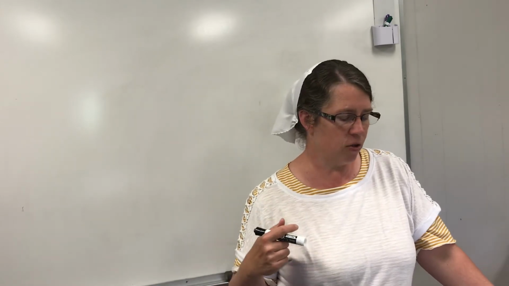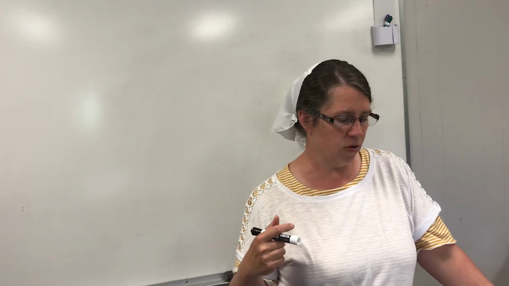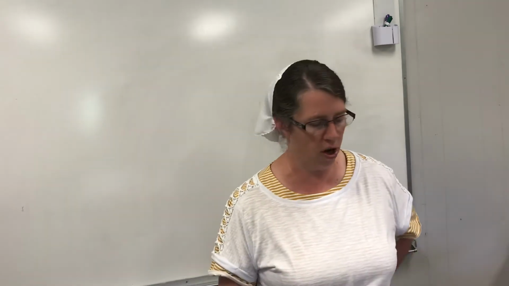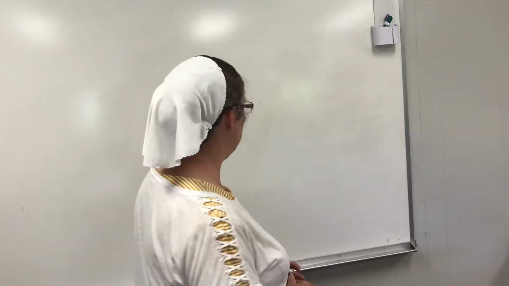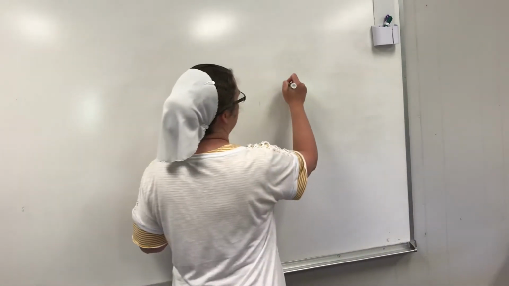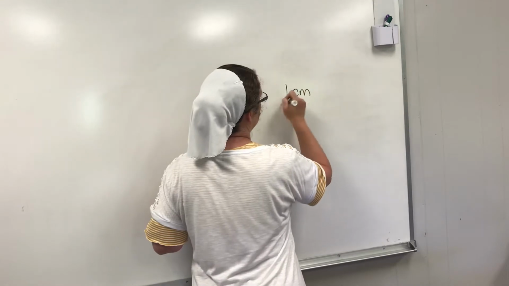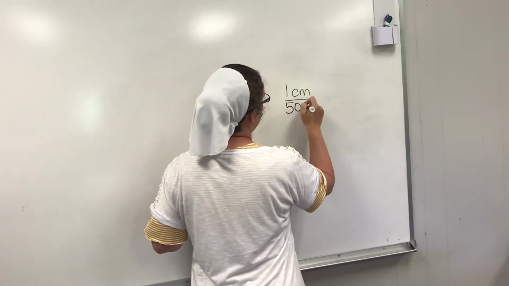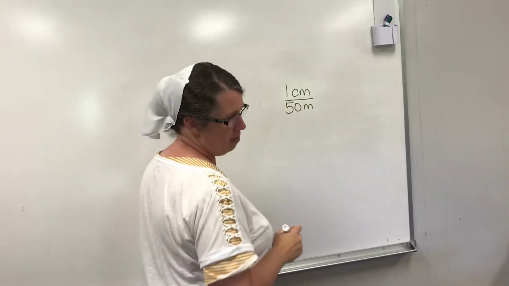To find the actual size of the item in the scale drawing, set up a proportion to solve, and that makes it easier to solve. So it says on the scale of 1 centimeter to 50 meters, let's put it in a proportion. So our proportion is 1 centimeter equals 50 meters.